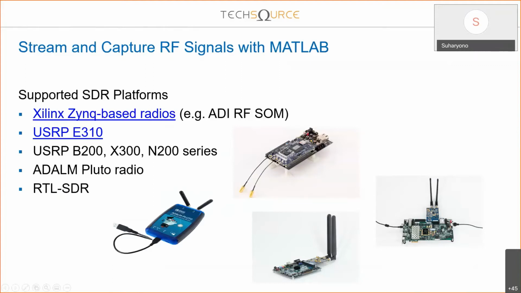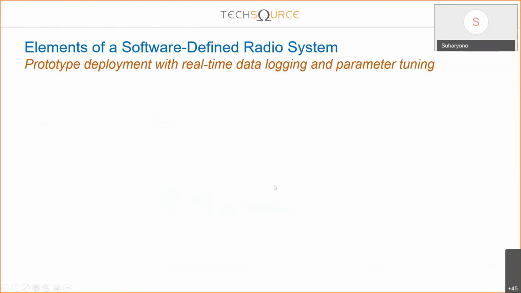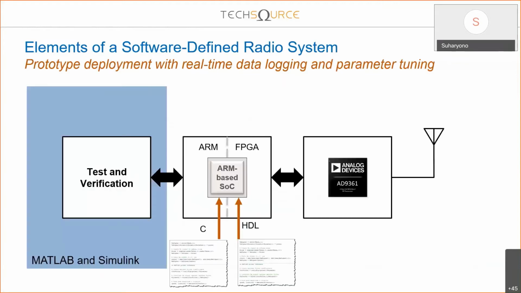The next step is that we want to partition our algorithm for quick prototyping to the hardware platform. For our algorithm, how can we partition which part goes to the FPGA, and which part goes to the ARM processor in case you are using an SoC platform?